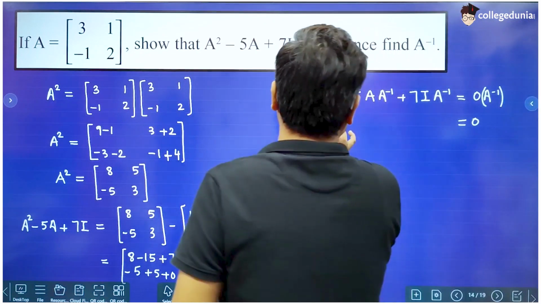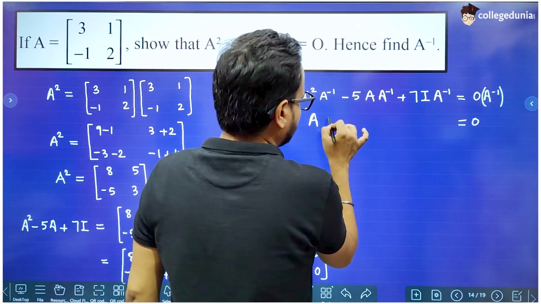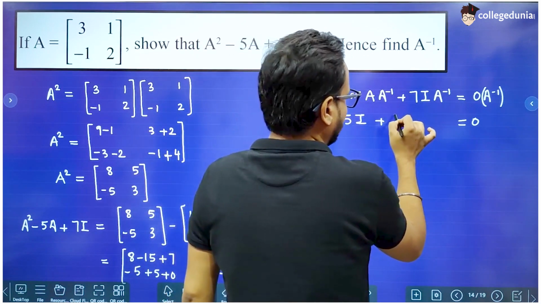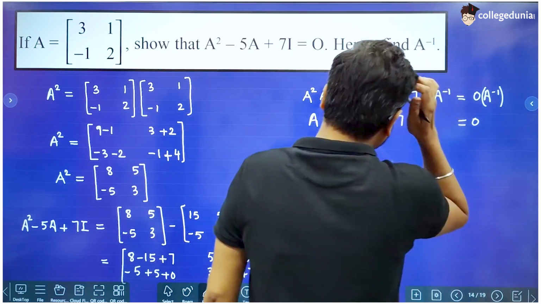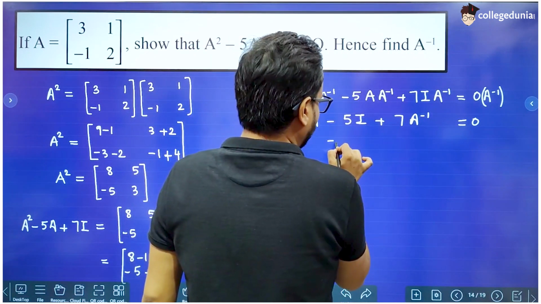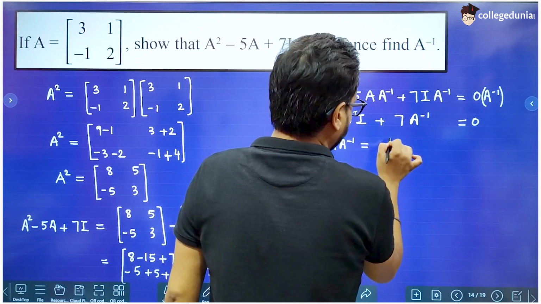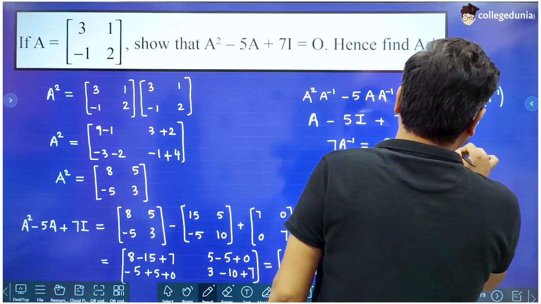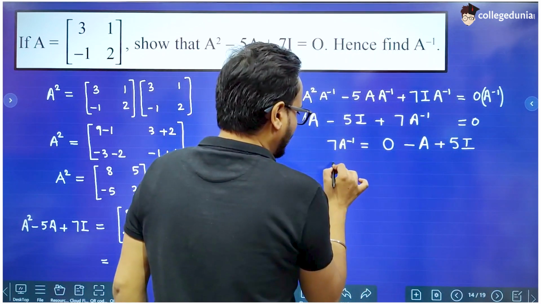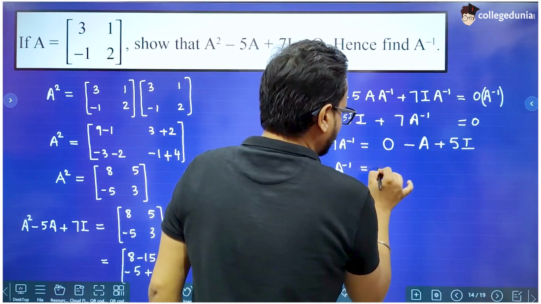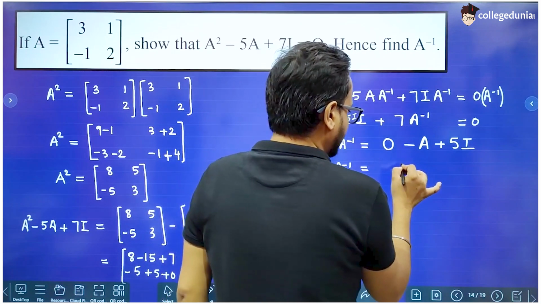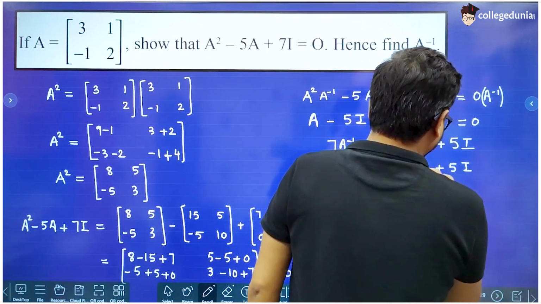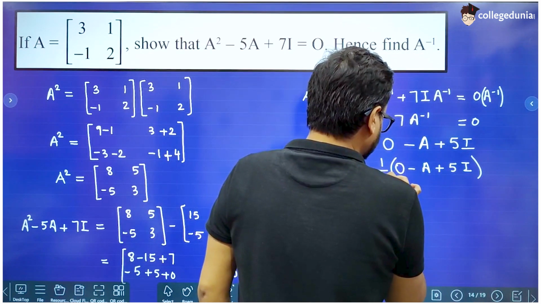So this is A, this is minus 5I, A into A inverse, and 7 times A inverse. So 7 times A inverse is simply null matrix minus A plus 5I, or A inverse is null matrix minus A plus 5I whole divided by 7.